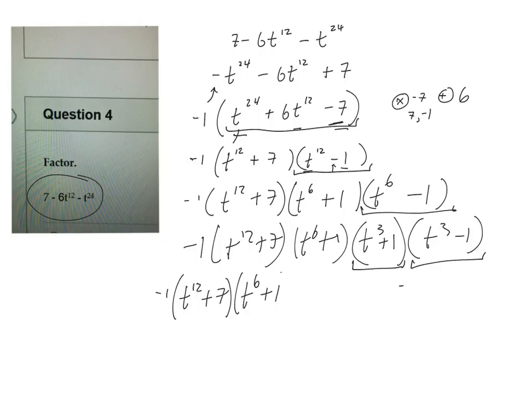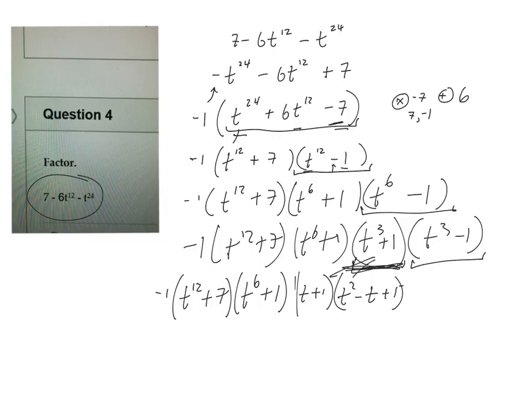t^6 plus 1. Okay, so a sum of cubes works out to be t plus 1, and then I think it's t squared minus t plus 1.